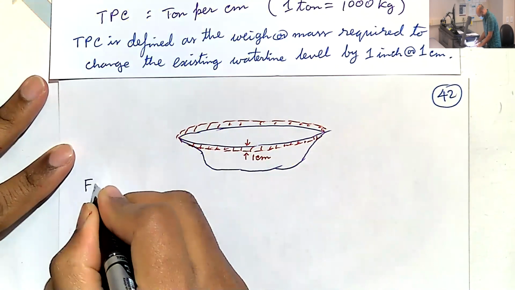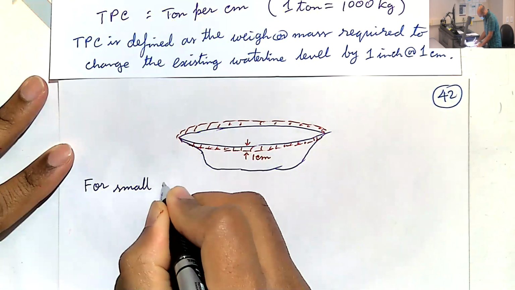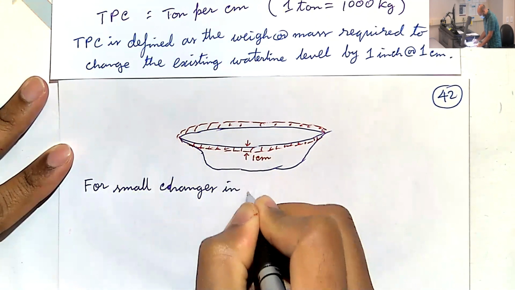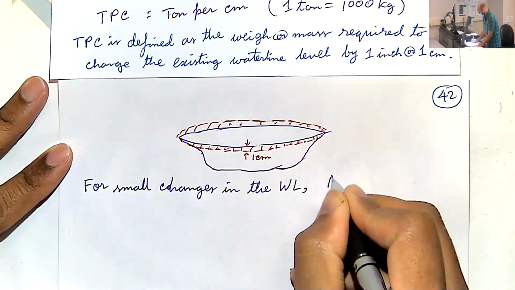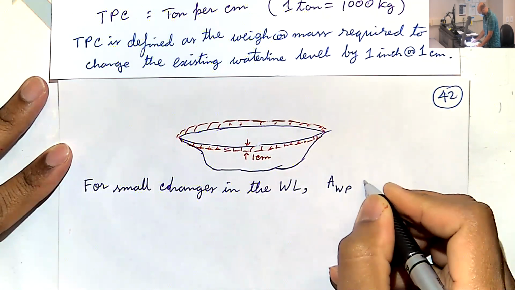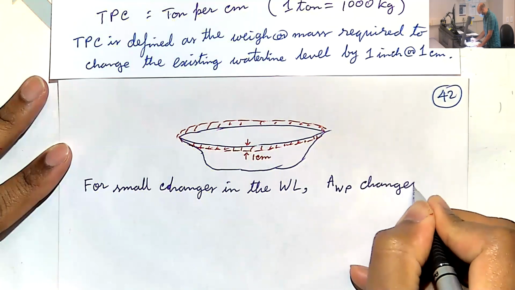For small changes in the waterline, the area of the water plane changes by a negligible amount.